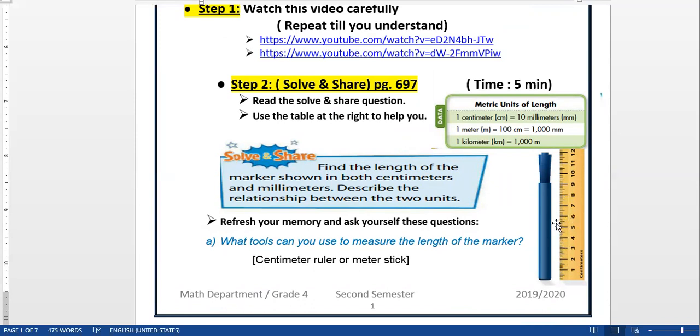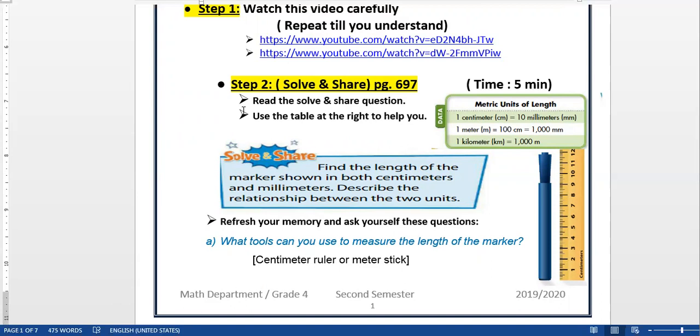Why do we skip count by 10? Because 1 centimeter has 10 millimeters. So 10, 20, 30, 40, 50, 60, 70, 80, and so on. Great. Now stop the video, find the length of the marker, then come back to the video.